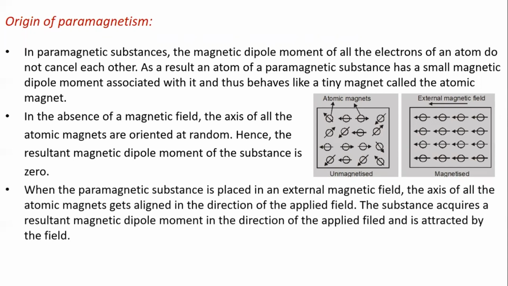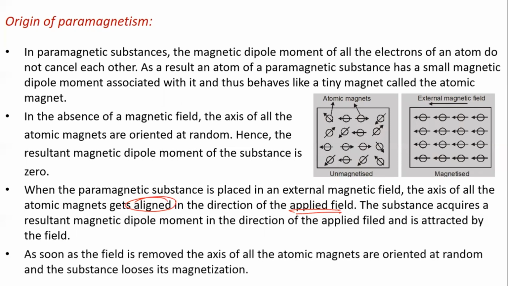When a paramagnetic substance is placed in an external magnetic field, the axes of all the atomic magnets get aligned in the direction of the applied field. The substance acquires a resultant magnetic dipole moment in the direction of the applied field and is attracted by the field.